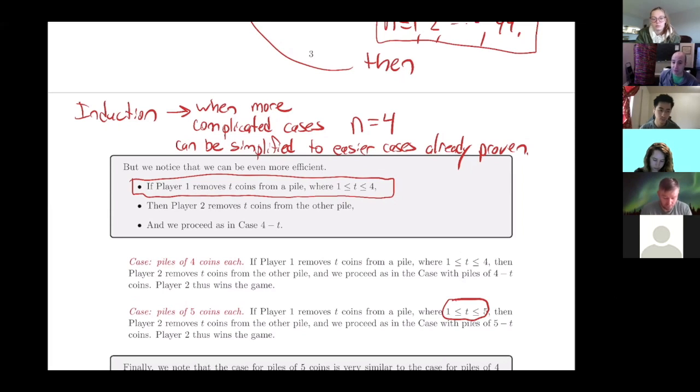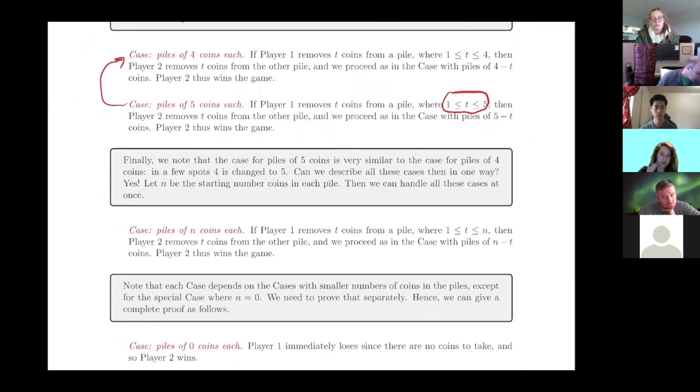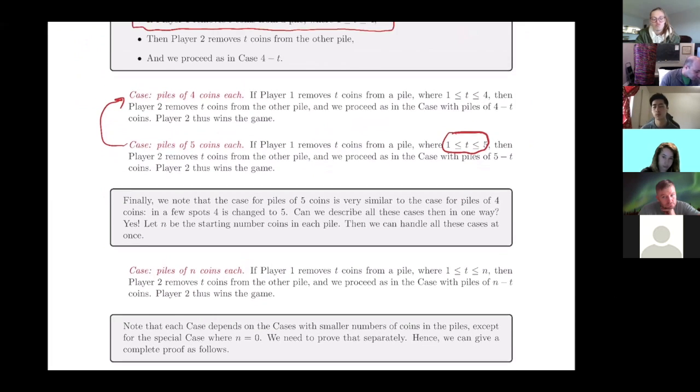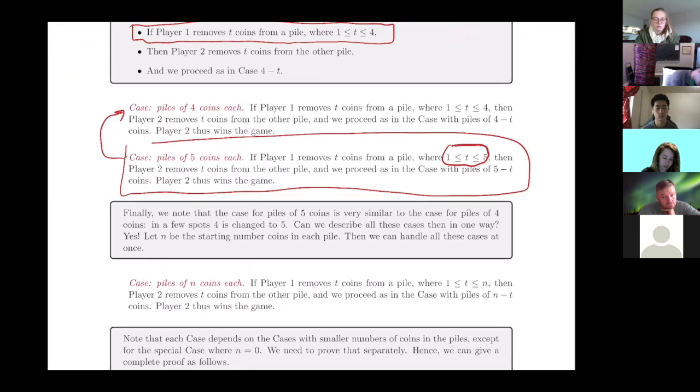T could now be as large as 5, but still player 2 can do whatever they want to make it a case of 4, and then they could make it a case of 3 in each pile and so on. So there's nothing different about what we said up here if we just change this to any arbitrary integer over here.